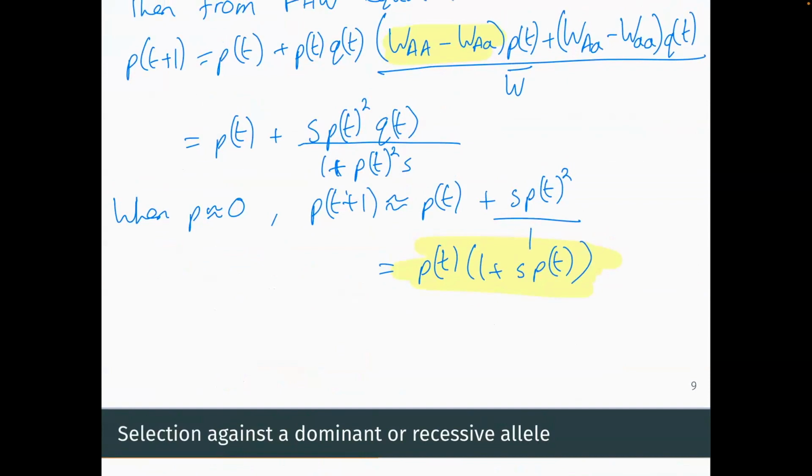So can anyone think about how the growth rate in this scenario is going to compare to the one before? Is it going to be faster or slower when P is rare? Slower, right? Because P of t is less than 1. So we can say that this is slower than for a dominant allele.